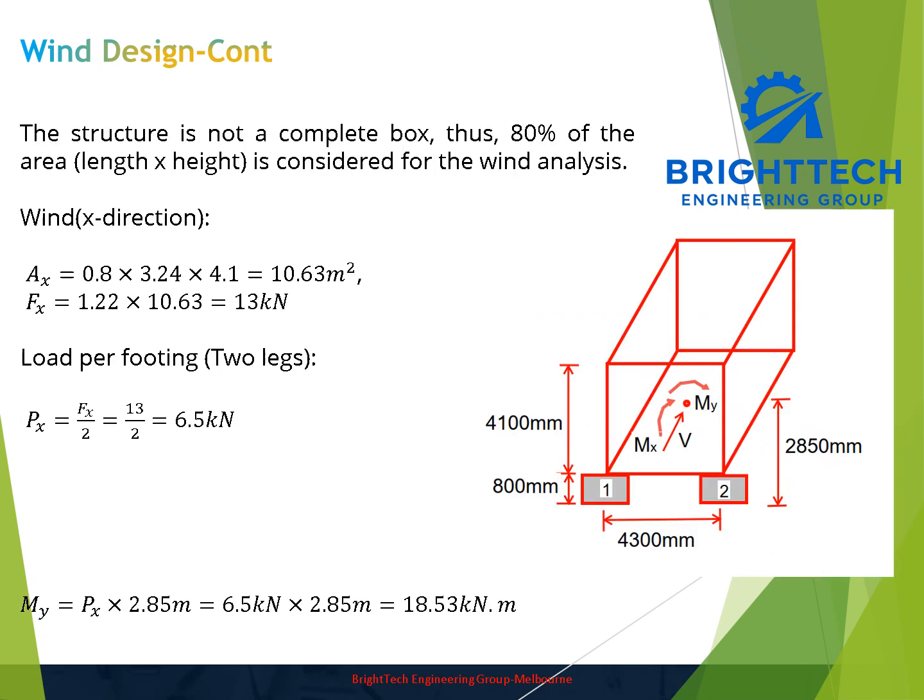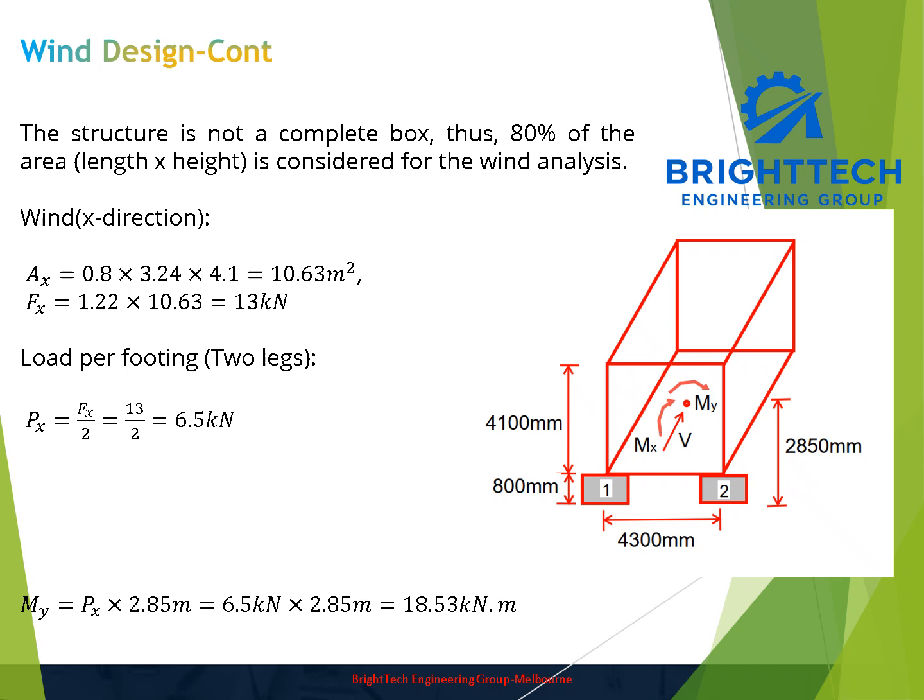The structure is not a complete box, as we could see in the typical demonstrator structure. 80% of the area is considered for the wind analysis. So Ax here is 0.8 multiplied by 3.24 multiplied by the height.